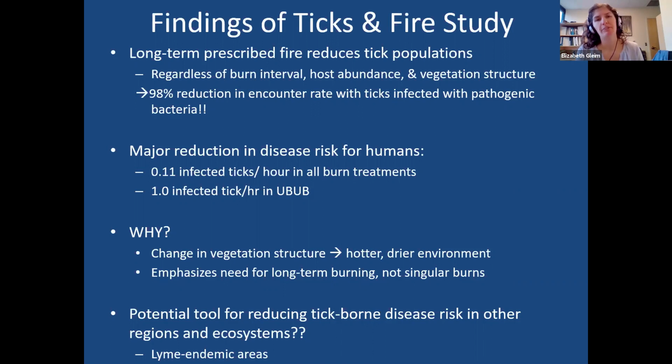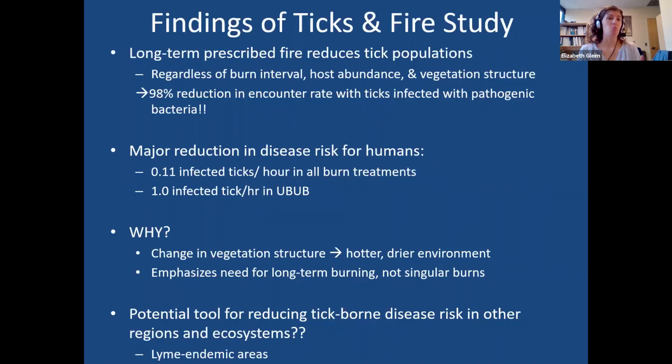And what we ultimately found was the change in vegetation structure that was created by the use of long-term prescribed fire was what was making these sites inhospitable to ticks. So if you think about fire, right, you're reducing the understory, suppressing the midstory, in our case, allowing a beautiful semi-open pine canopy.